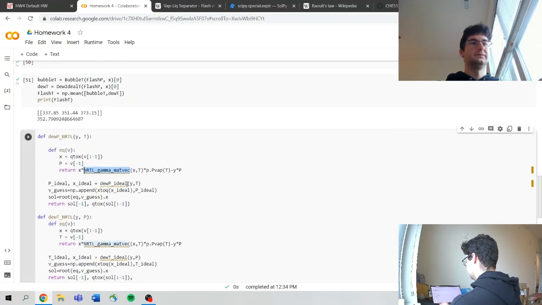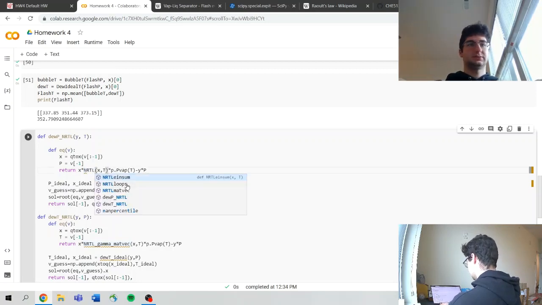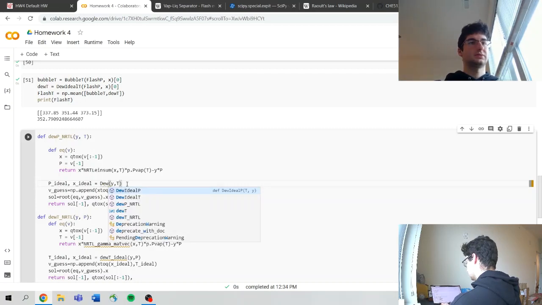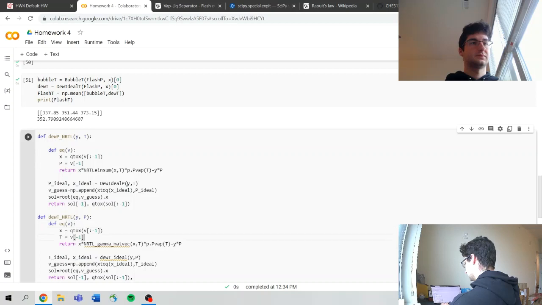NRTL of X and T. We call this do ideal P. Same changes here.